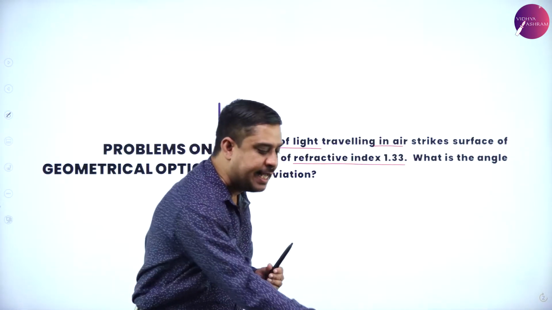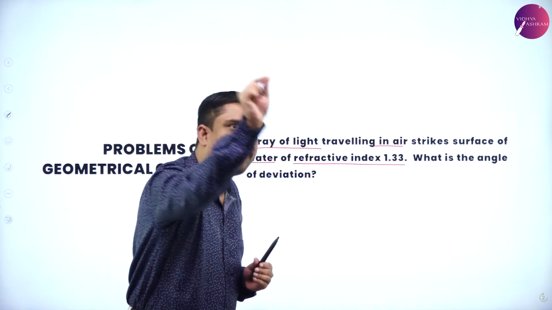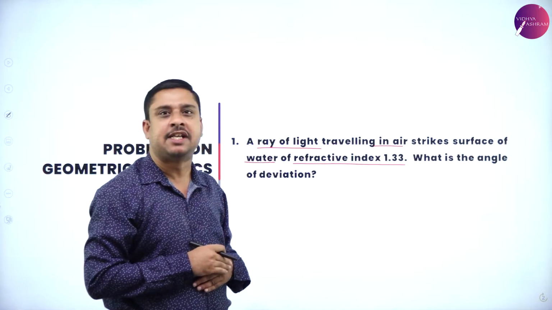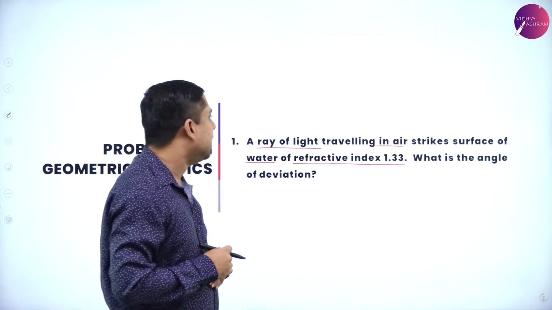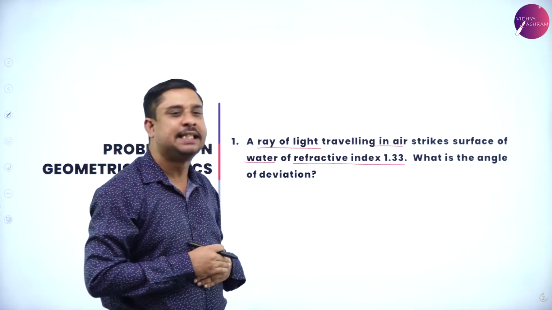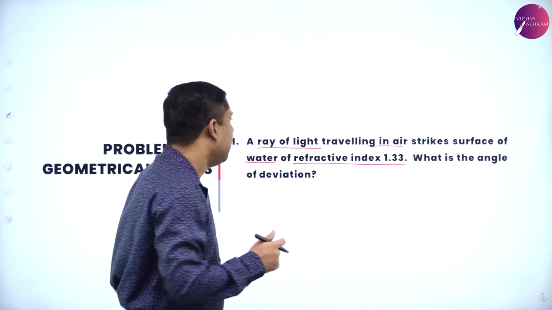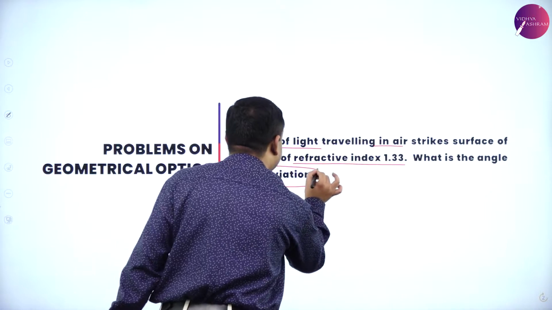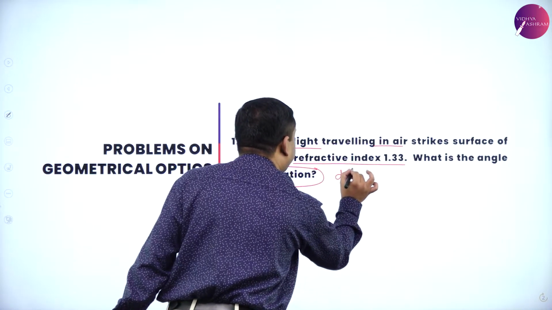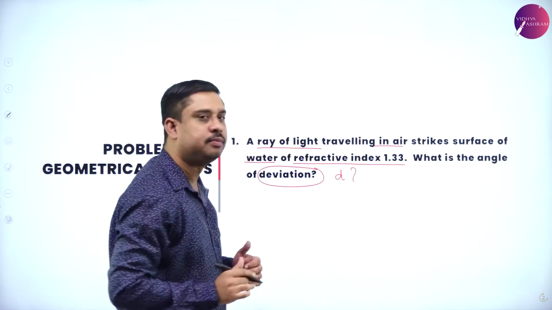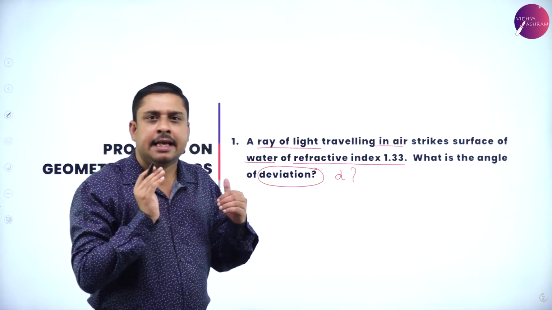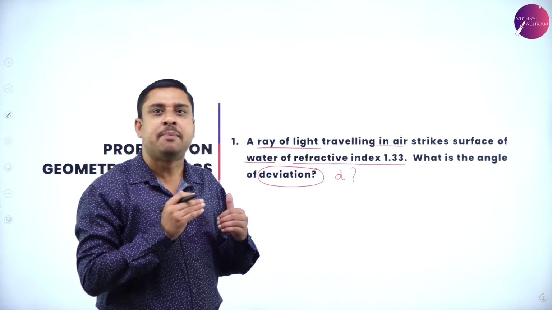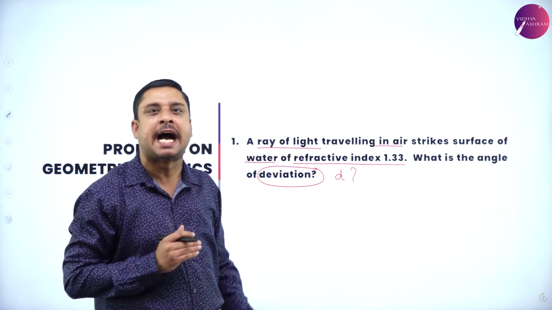It strikes the surface of water whose refractive index is 1.33. I have to calculate the angle of deviation. In this question, one part of the data is missing.